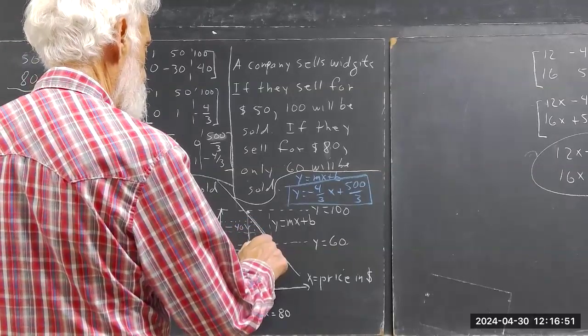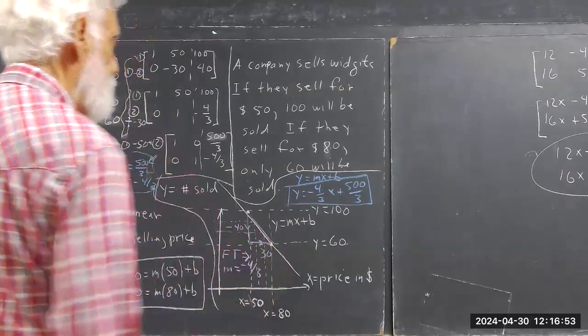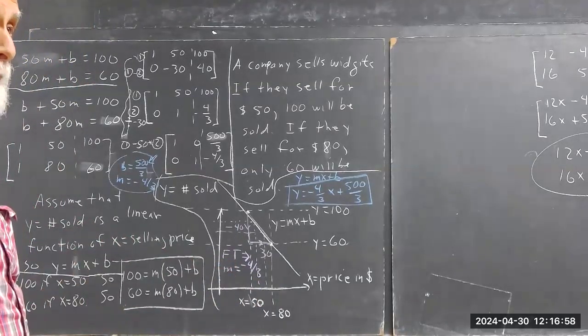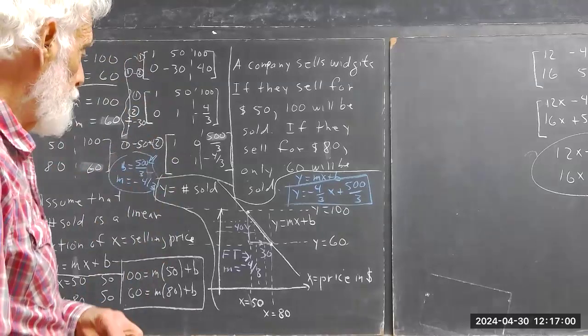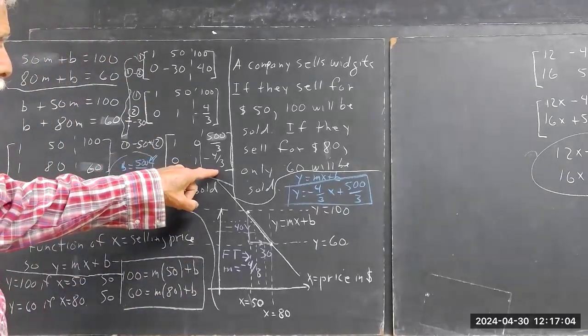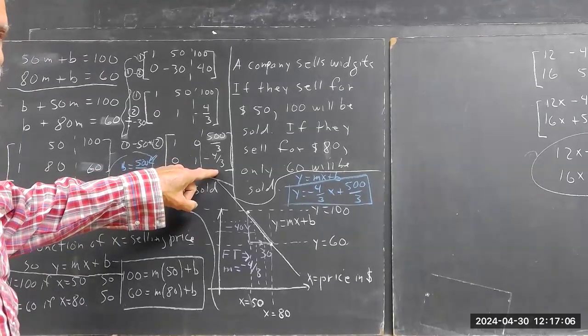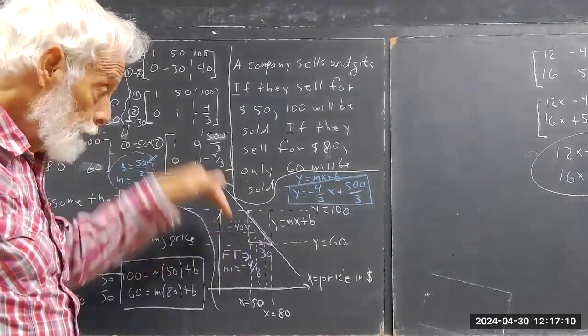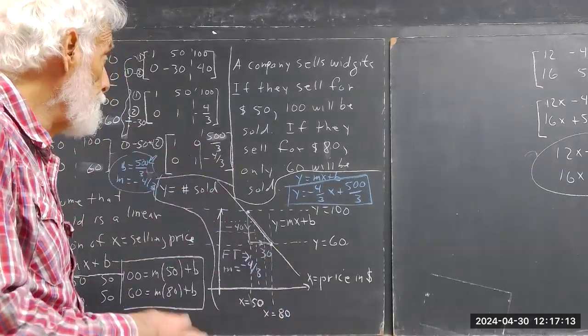And this is 30. The fundamental triangle tells me what the slope is. I could have used it in the first place, but I wanted to illustrate the matrix reduction. Okay, but what I just got was m equals negative 4/3. Totally agrees with the fundamental triangle. So I'm pretty confident that my slope is negative 4/3.